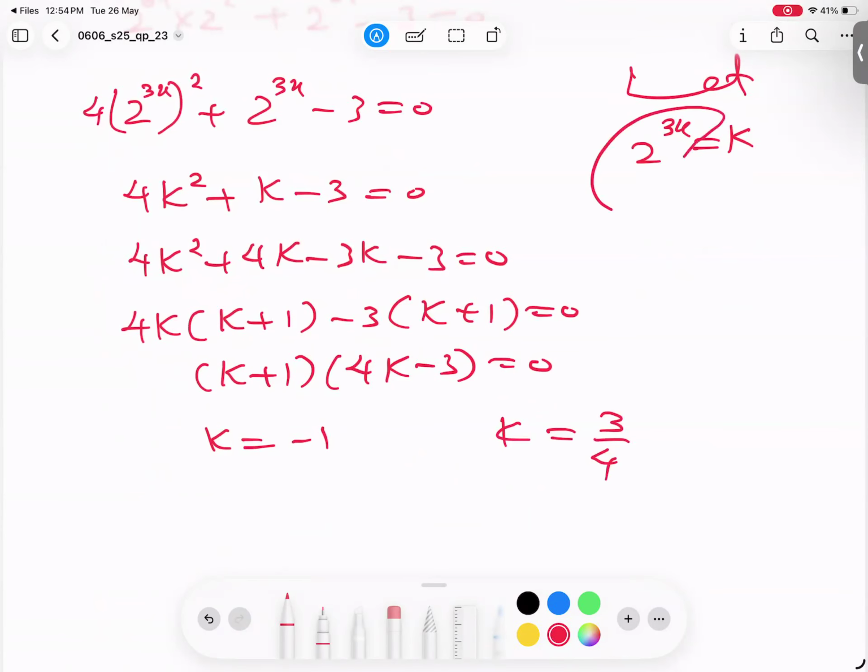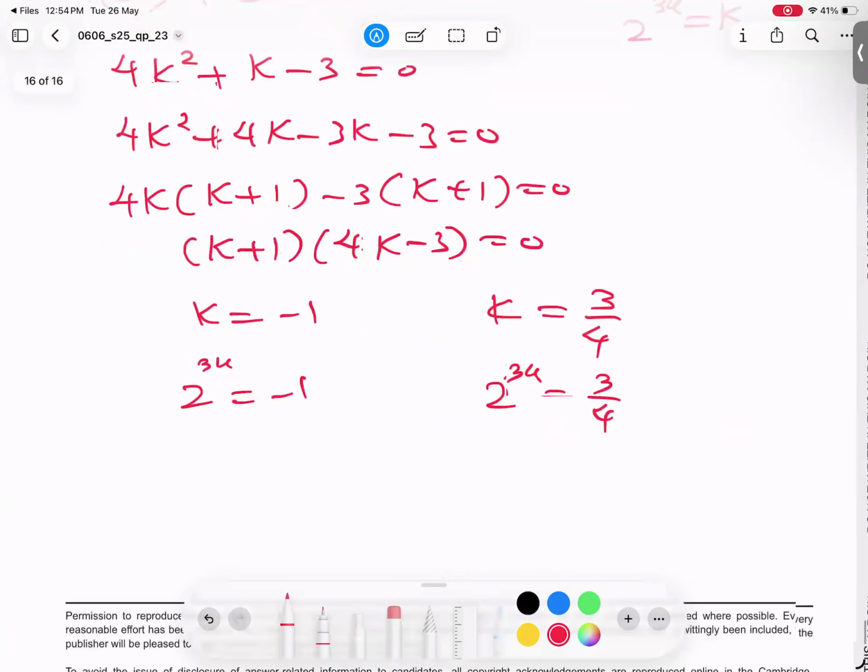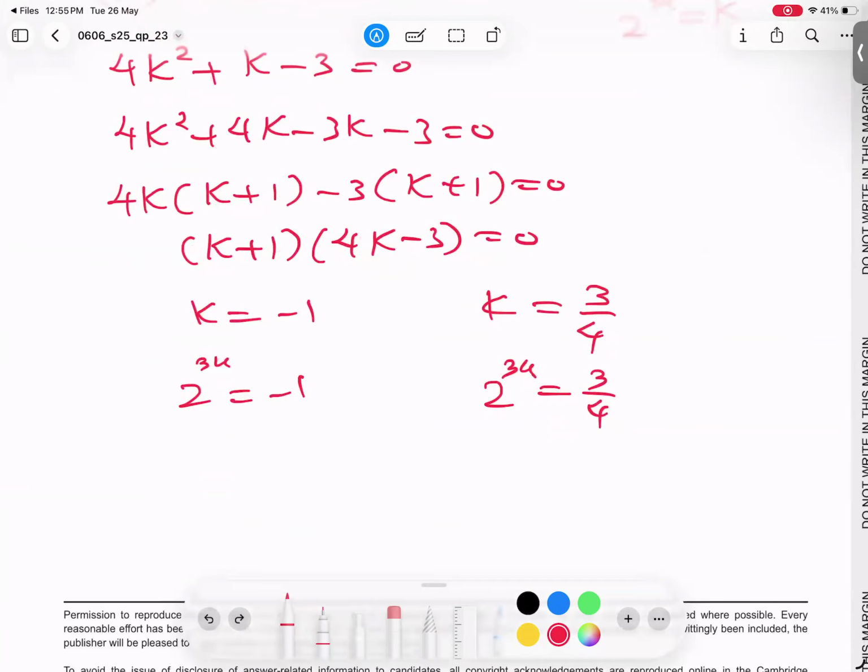So this value will come here and here. So 2 to the power 3x equal to minus 1 and 2 to the power 3x is equal to 3 over 4. And you know, if I take the logarithm to bring the power down, the log of a negative value is undefined, not possible, so no solution from here. If I take log of this side, 2 to the power 3x is the log of 3 over 4.